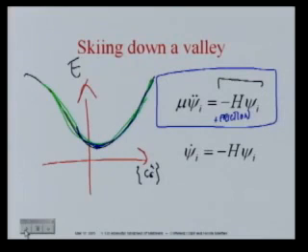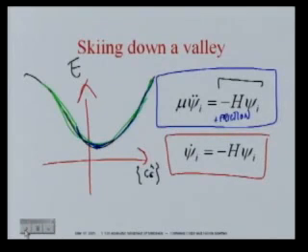The other approach would be actually evolving your system in a way in which the velocity is proportional to the force. And so again, you can think that when you are at the minimum, your force is 0, and so your velocity is 0.